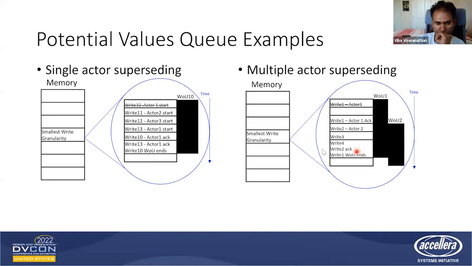These two cases were covered in the previous slide, and with this example, hopefully it should be clear that we can store multiple values per memory location, removing the values that are superseded, thereby deriving all the coherent values that can be returned by a future read.